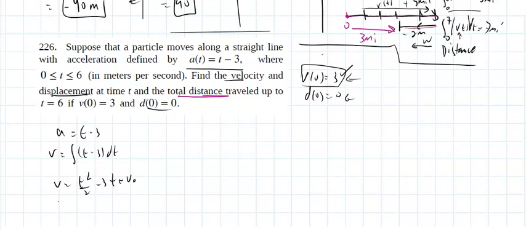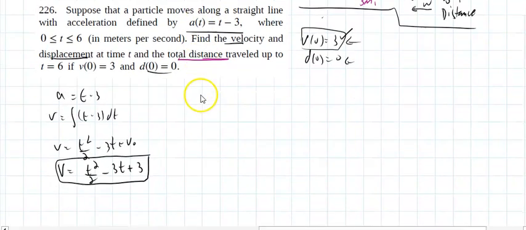But the initial velocity is 3. So there's my initial velocity.